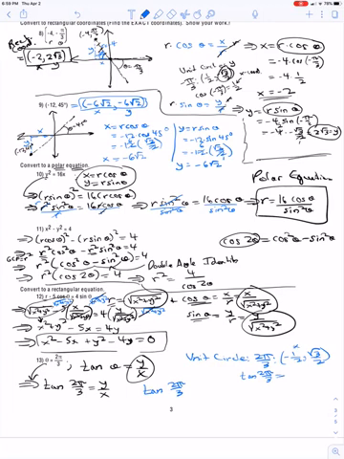That's equal to y-coordinate over x-coordinate. That's equal to square root of 3 over 2 divided by negative 1/2, which is square root of 3 over 2 times negative 2 over 1, which is equal to negative square root of 3. So tangent of 2 pi over 3 equals negative square root of 3.